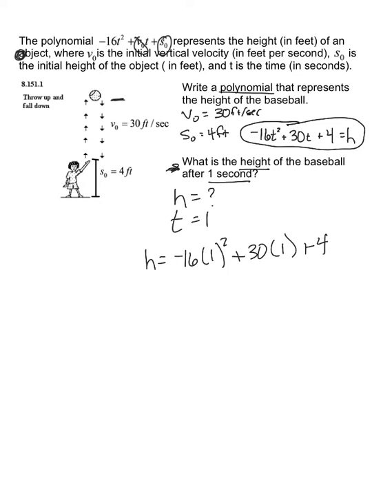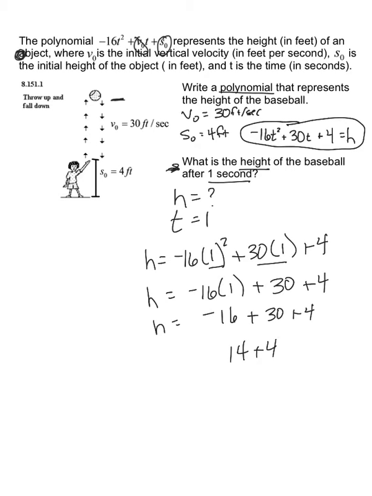So let's simplify. Exponent first. H equals negative 16 times 1 plus 30 times 1 is 30 plus 4. Negative 16 plus 30 plus 4. Let's see here. Negative 16 plus 30 is positive 14 plus 4. H equals 18.